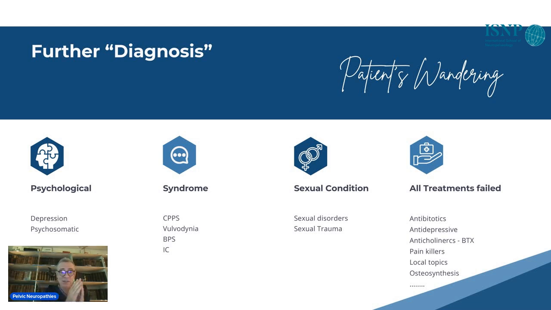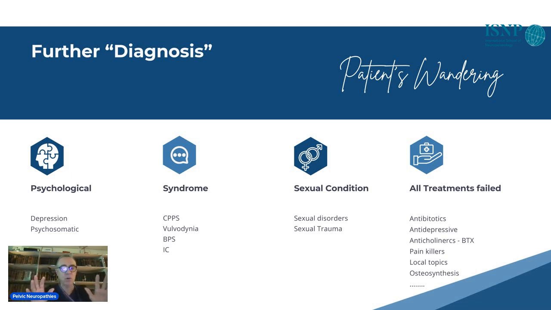In a woman, directly, you will have sexual disorder, you have sexual trauma, and you have to be aware of a very, very typical sign that maybe you're suffering from a pelvic nerve issue: all previous treatments fail. You got a lot of antibiotics, antidepressives, anticholinergics, painkillers, whatever, and nothing helps. And that is typical.